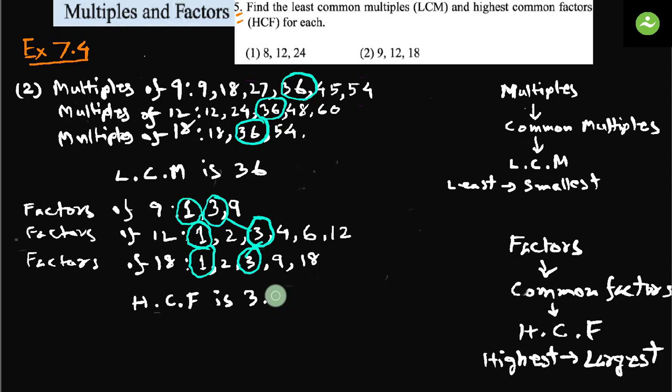Yes, you have a question? Yes, sir. Is this method to find LCM and HCF for class 4 only? Oh, yes. This is a very good question. The method I have discussed here is for class 4 only.